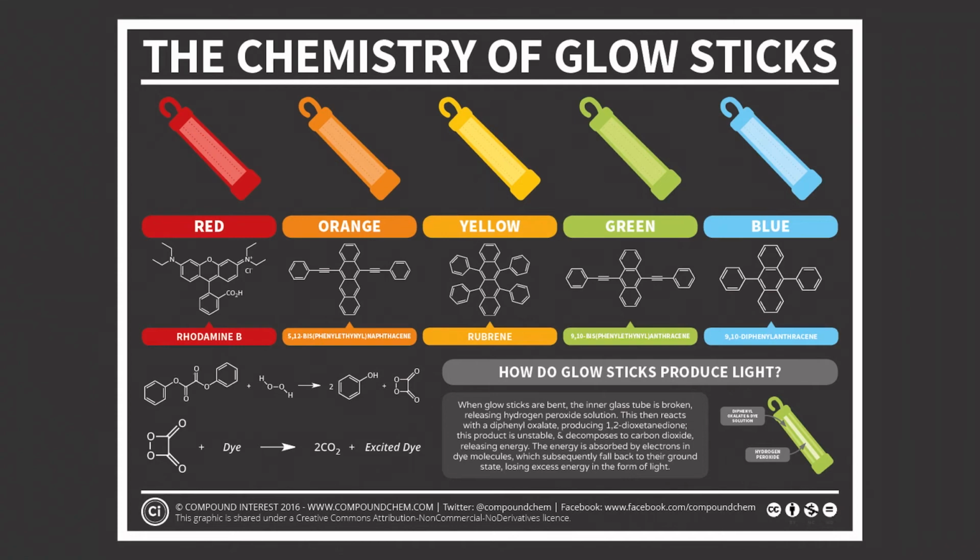Okay, again, going into glow sticks like we did in the last video, when the dyes get excited, electrons get excited, they jump up, they fall back down, they release energy in the form of light, and depending on the dyes, you get these different colors. Same thing with fireworks.